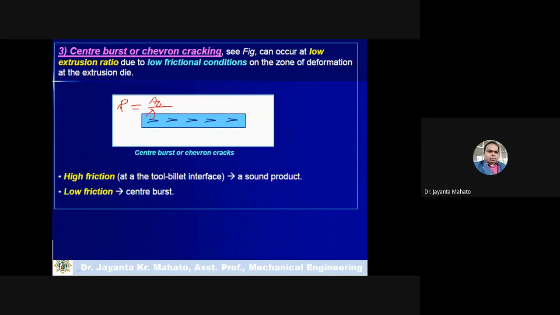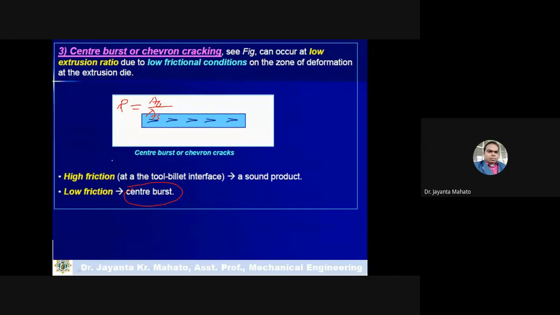So when AF is very high, it means the cross-sectional area reduction is low. Okay, and these occur at high friction and due to low pressure. This type of defect is called center burst.